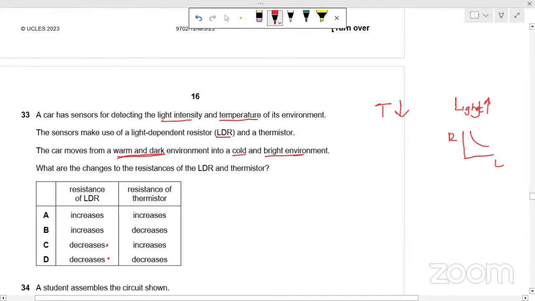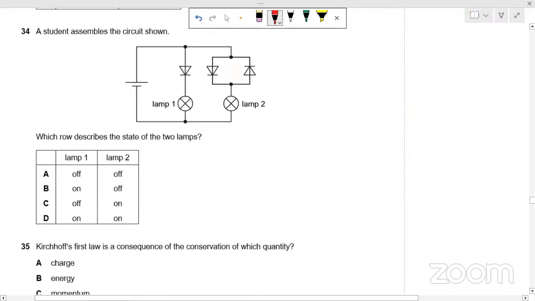What about the thermistor? Temperature is decreased, so its resistance will increase. So C is the correct option.